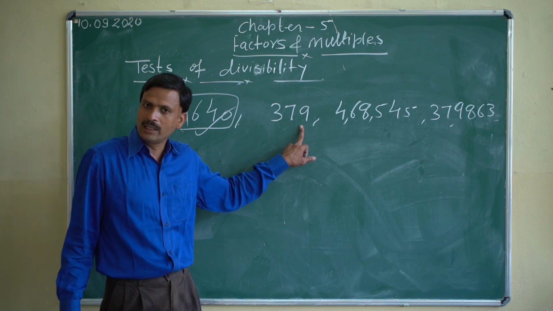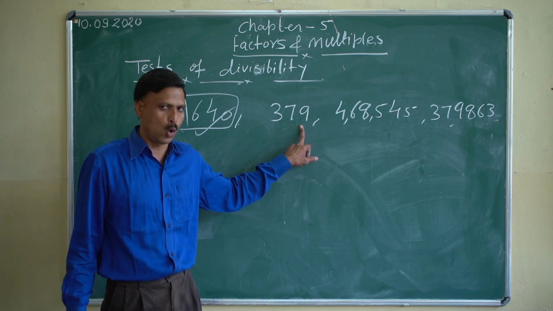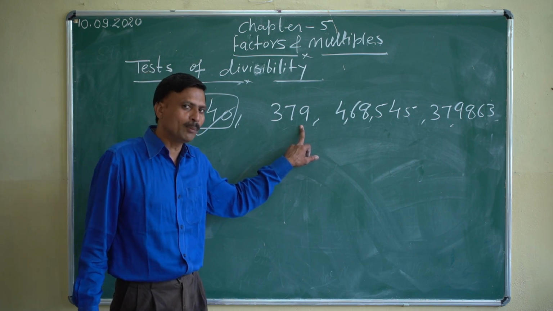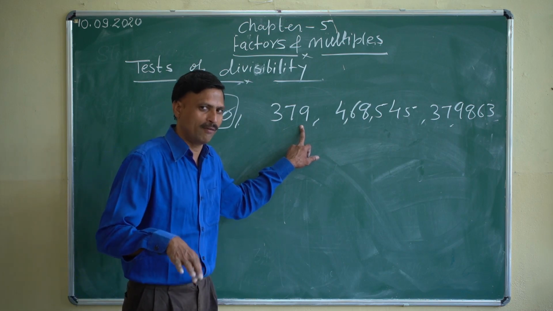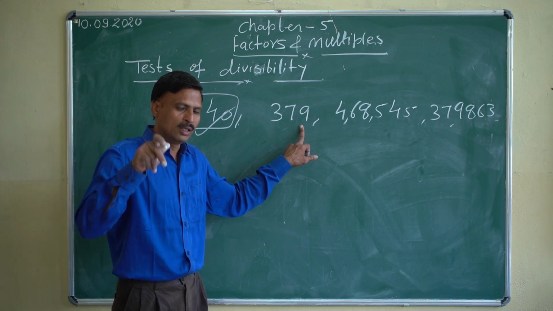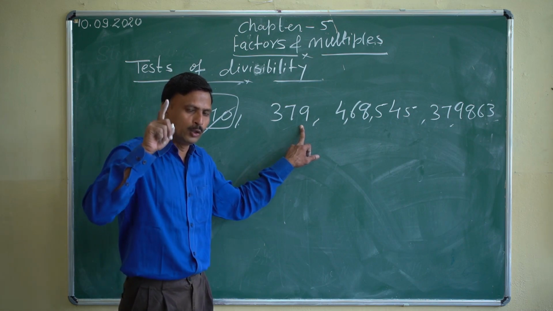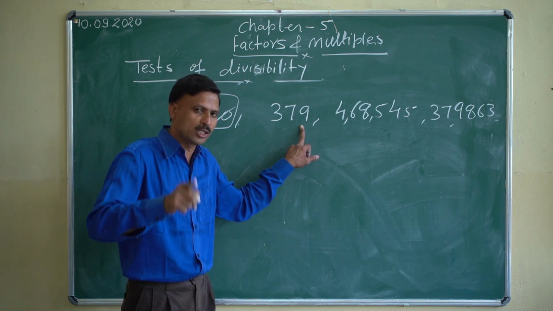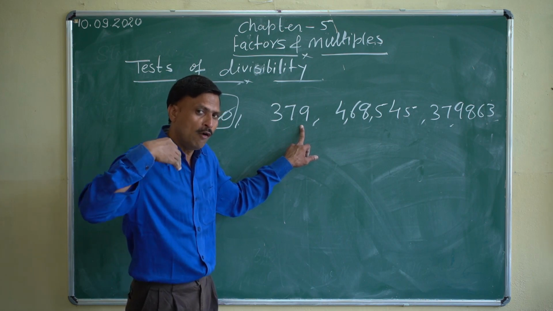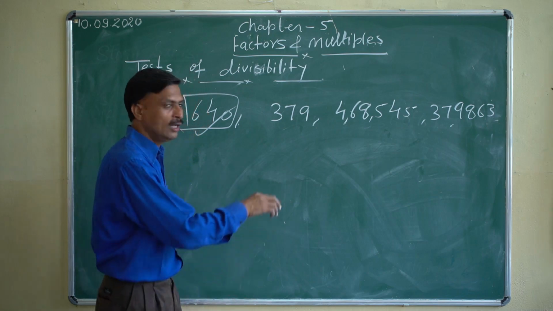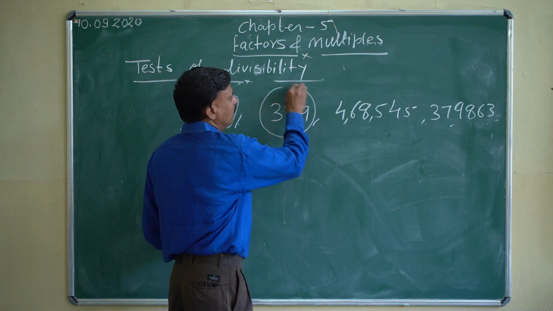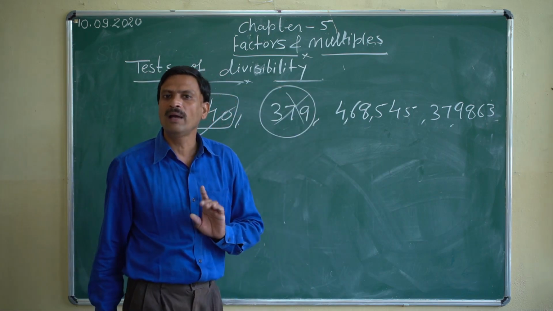Will this be exactly divisible by 5? No. Why not? Because the unit place digit is neither 0 nor 5. What is the rule? The unit place digit of the number must be 0 or 5, otherwise the number will not be divisible by 5. So here it is 9. That's why the number is not divisible by 5.